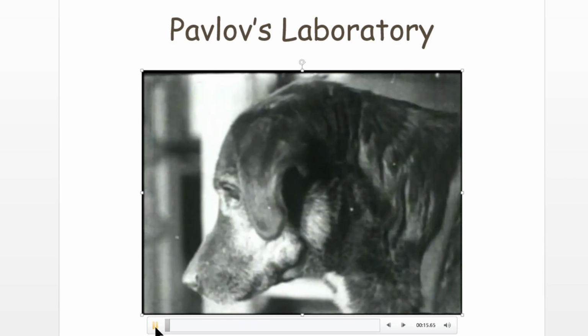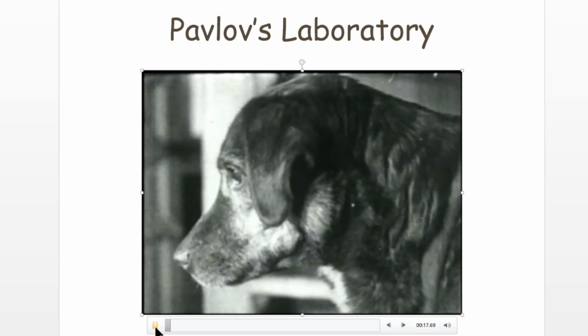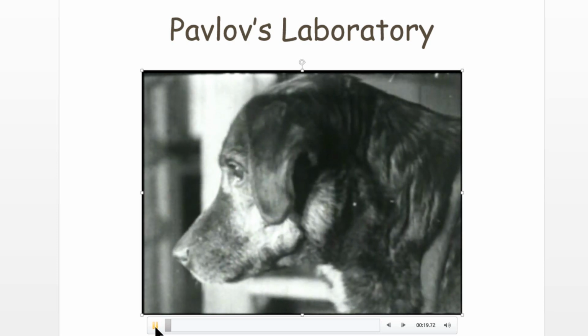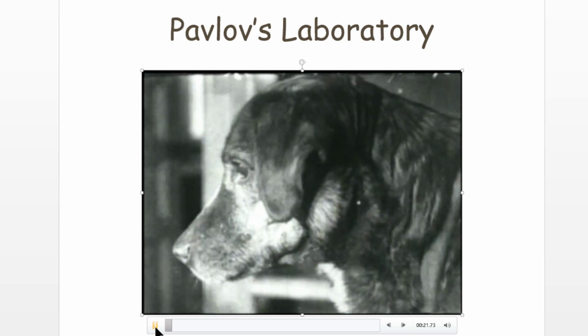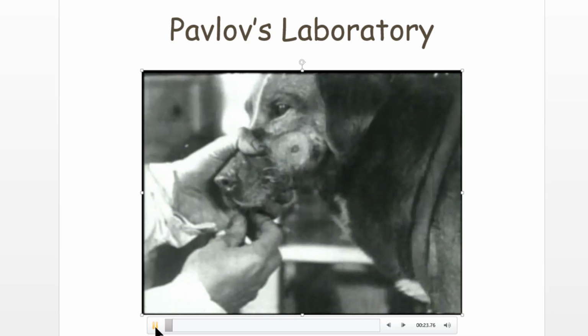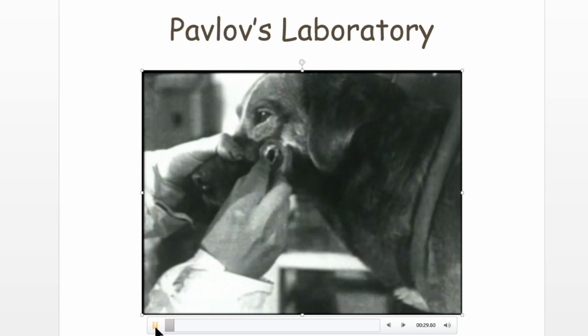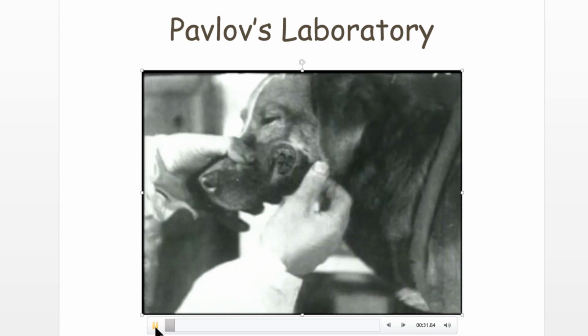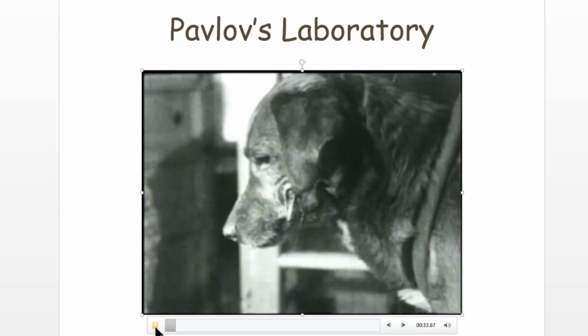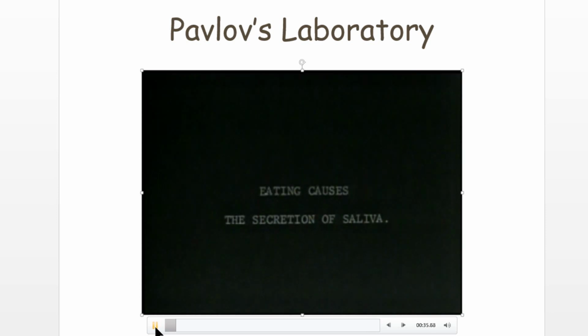So here's a dog, and if you take a close look at the side of the dog's face, you'll notice that he's leaking from his cheek. And that's because the researchers have already done a minor surgical manipulation in which they have run the dog's salivary duct to his cheek. So that way when he salivates, it comes outside of his face.